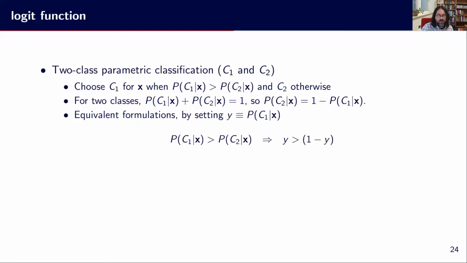And if we just define a y as equivalent to P of C1 given X, the posterior of class C1, the rule is to check P of C1 given X versus P of C2 given X and assign the sample to class 1 when P of C1 given X is bigger than P of C2 given X, replacing this by the y value that we define here. We got something like y is bigger than 1 minus y.